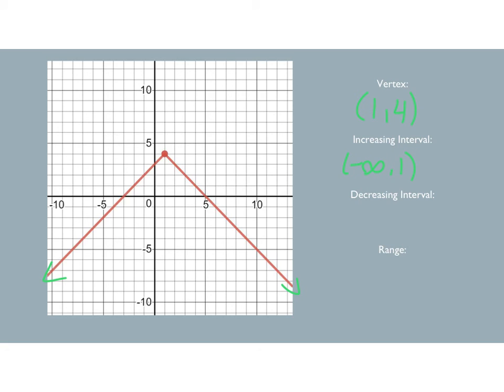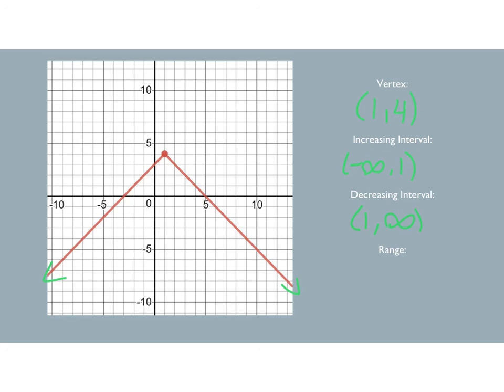So increasing is where the graph is running uphill, decreasing is where the graph is running downhill, and you read the graph from left to right, just like you normally would, and the key here is you're telling me the x values where the given word is true. The x values.